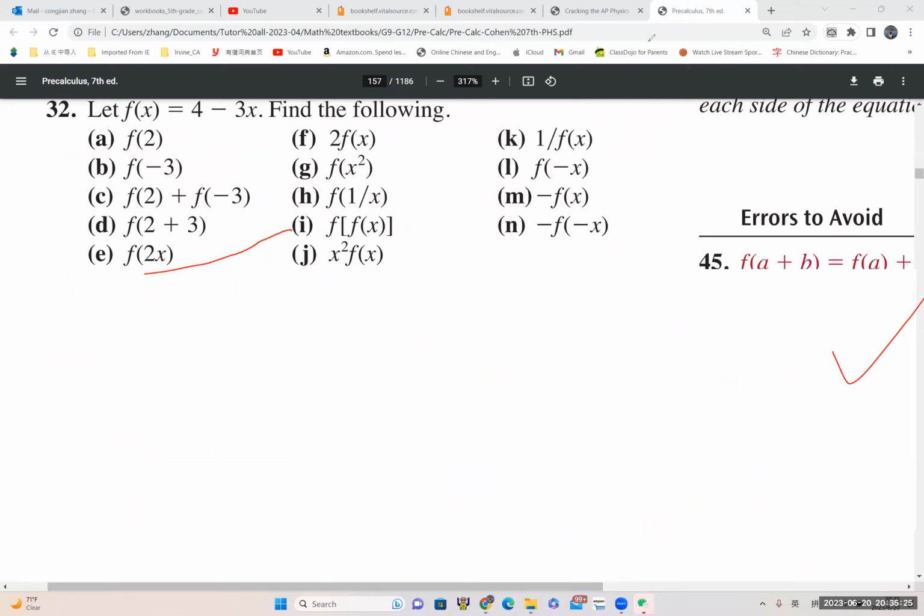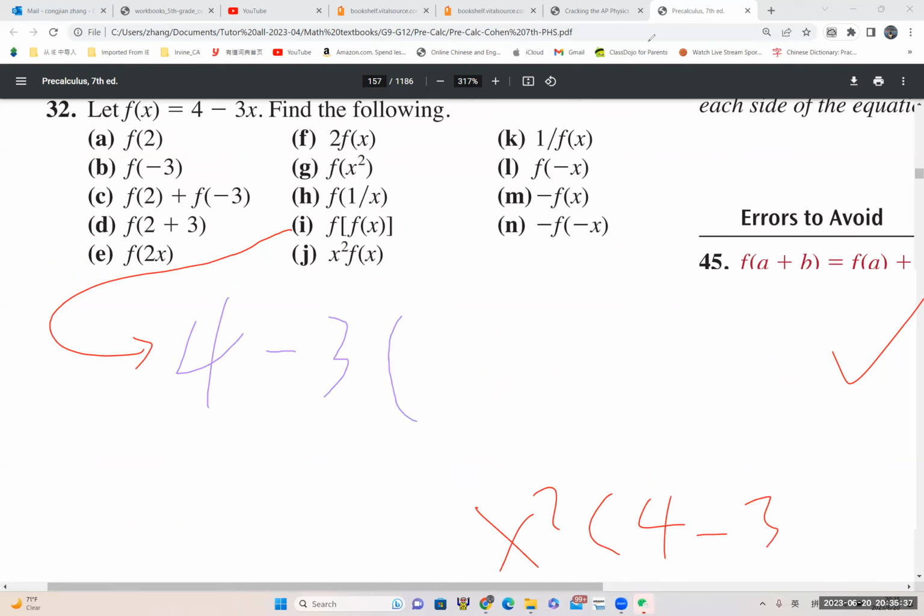So Ray, do you have an idea to do I? Yeah, could you show? J, I think not so difficult, right? You just multiply by x squared. Then you get, is this your answer for J? It's not so correct.